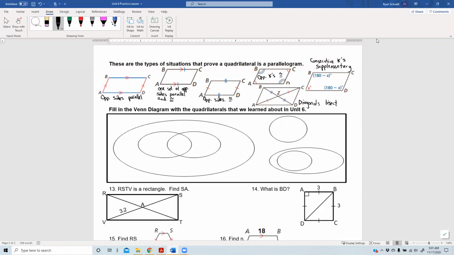Of course, the whole big box is quadrilaterals. So I'm going to write that down here. These are all quadrilaterals. Now, the main type of quadrilateral we talked about was a parallelogram.